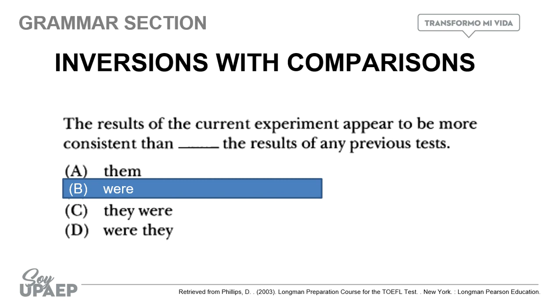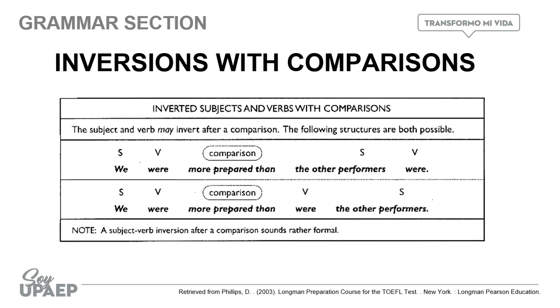So in this case, as we have an inversion with a comparative, the sentence is more formal, okay? So it can happen that you have, we were more prepared than the other performers were, with no inversions. Or it is also possible to say we were more prepared than were the other performers, with an inversion.